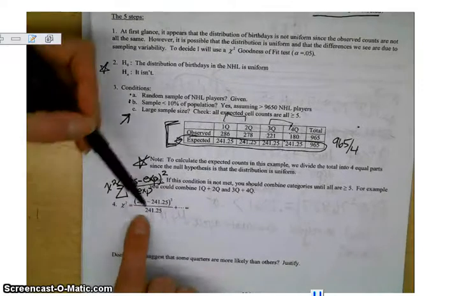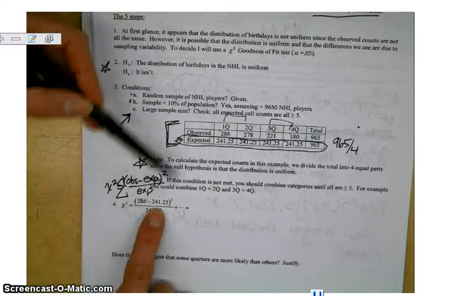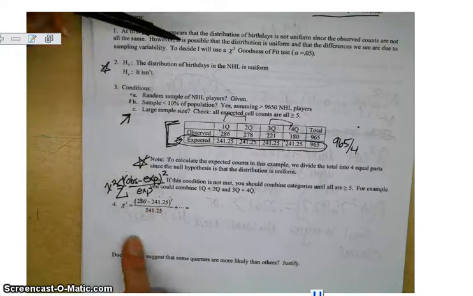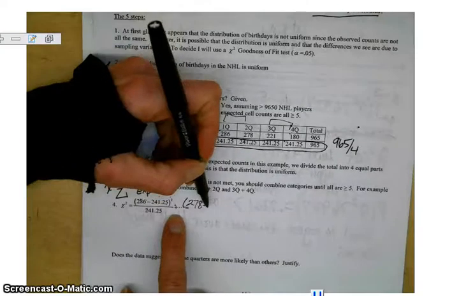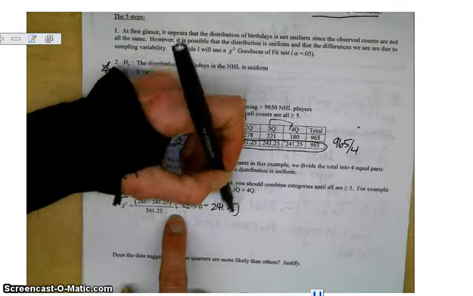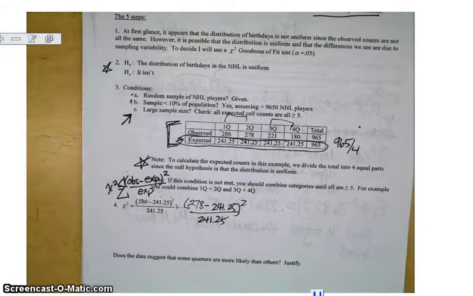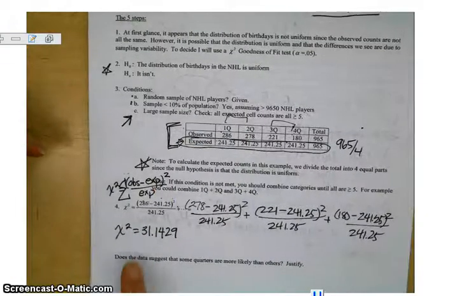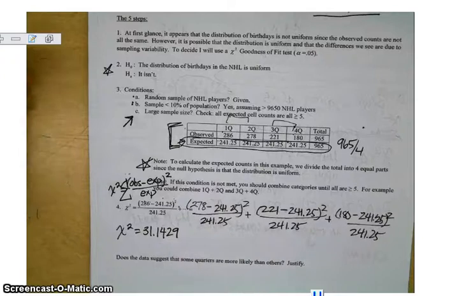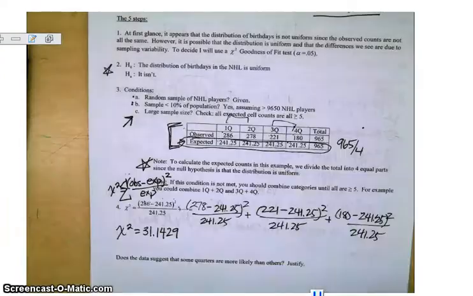So you take every observed value, so 286, minus the expected that goes with it, square it, and divide by the expected, plus the next one would be 278 minus 241.25 quantity squared over 241.25. So I get my chi-square value is 31.1492, and the chi-square has its own distribution that we talked about in the last notes.